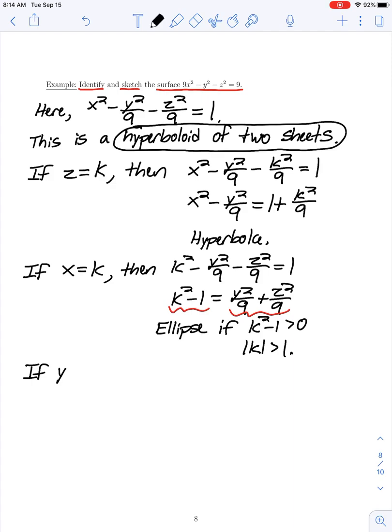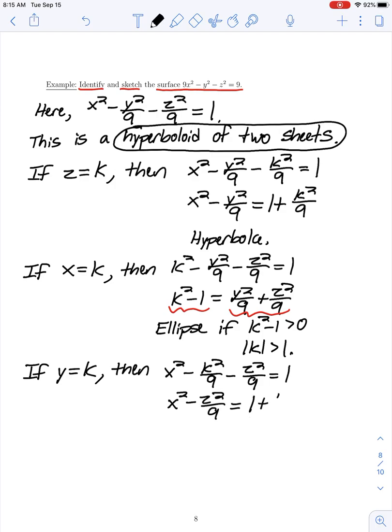Now in our last type of plane, if we consider a plane parallel to the xz plane, then our equation would be something of the form x squared minus k squared over 9 minus z squared over 9 is equal to 1. Or rewriting this slightly, we have x squared minus z squared over 9 is equal to 1 plus k squared over 9.